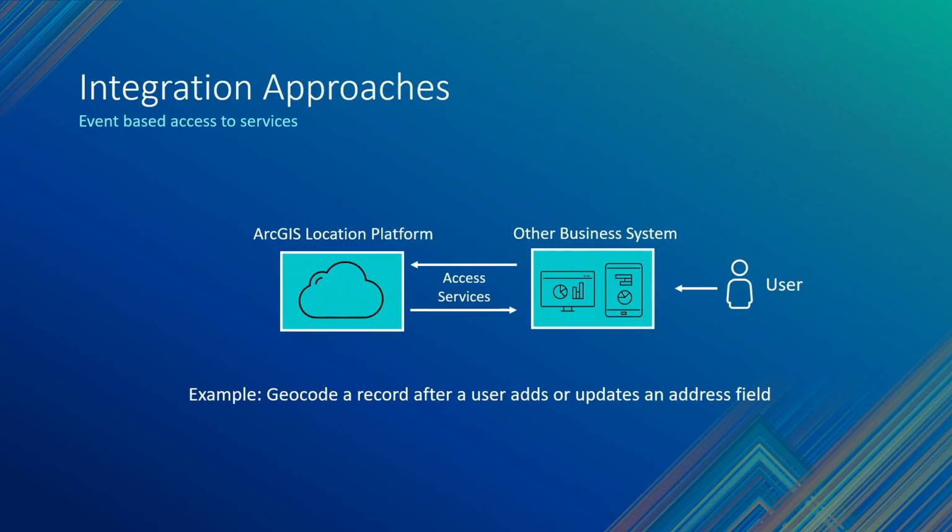And so one of the things that you can do is use, and the tool might vary system to system, different methods for creating flows or REST APIs, triggering these things, webhooks, to call a location service when a change happens in another system.